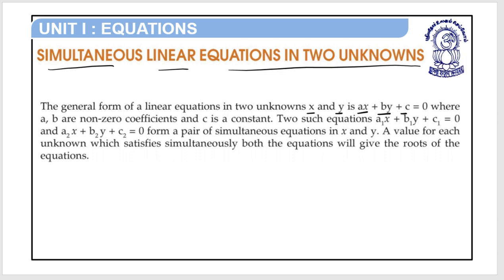Here a and b are non-zero coefficients and c is a constant. Two such equations: a1x plus b1y plus c1 is equal to 0, and in the same way a2x plus b2y plus c2 is equal to 0. From a pair of simultaneous equations in x and y, the values of the unknowns which satisfy both the equations simultaneously will give the roots of the equations.